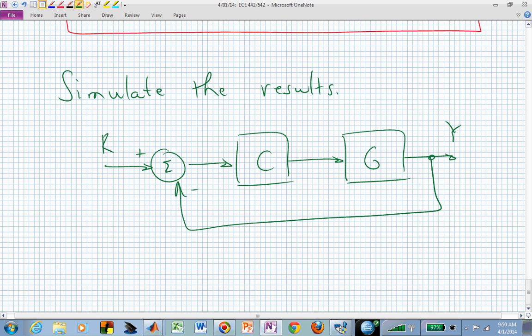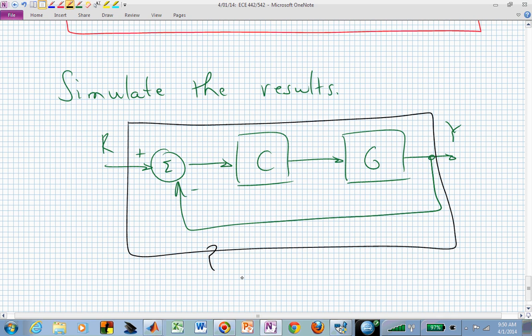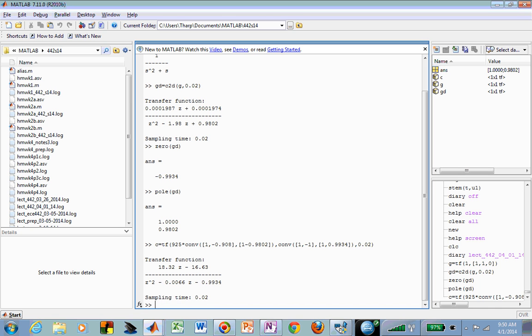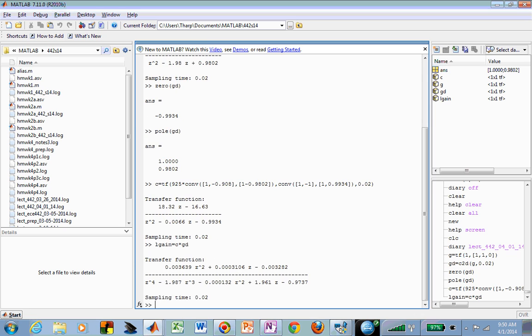And now what I want to do is find this transfer function between the reference input and the output, which should be the T sub c of z that I already had. But MATLAB allows us to do that pretty easily. But first I want to form the product of the controller C and the discrete time plant G sub D, and I'll go ahead and display that.